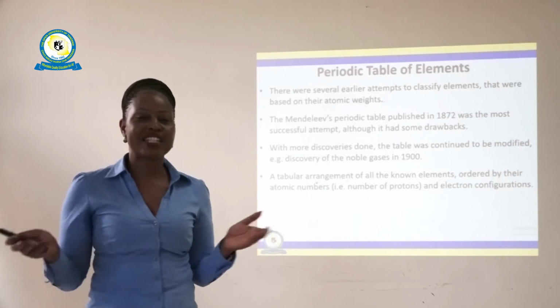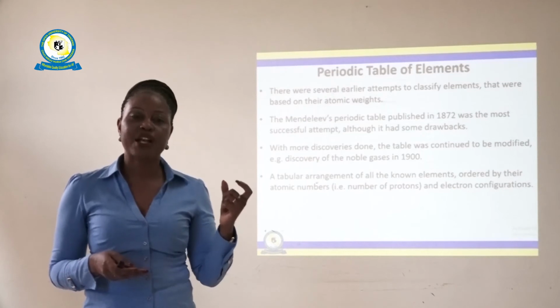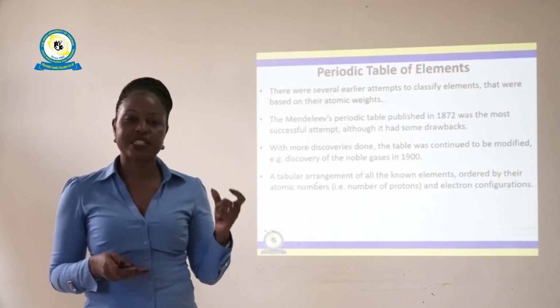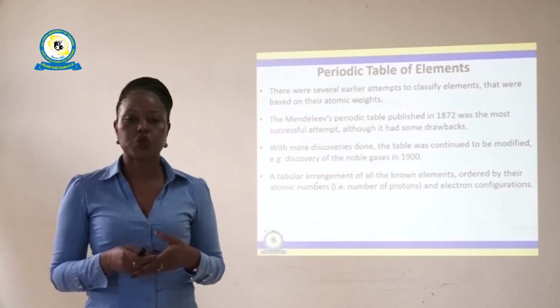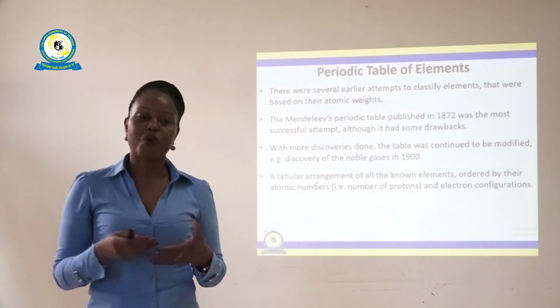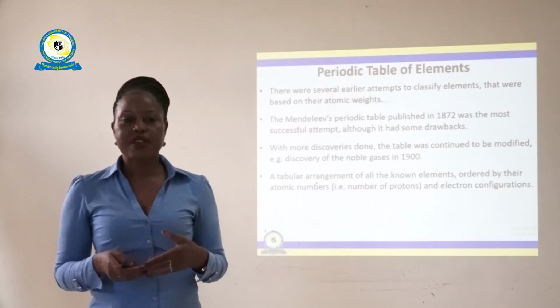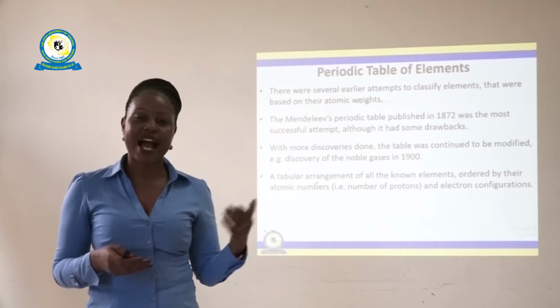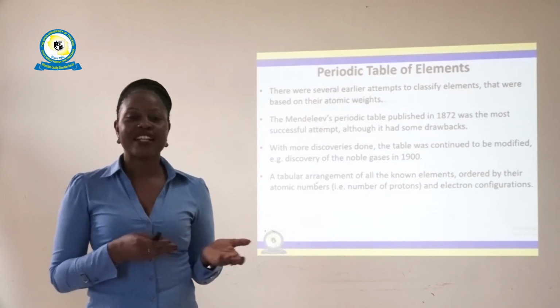Now, there were several attempts. We cannot go into details on the history of it, but the most successful one was the Mendeleev periodic table, which was published around 1872. Although it also had some drawbacks, which were improved later on with some discoveries, the table continued to be modified.